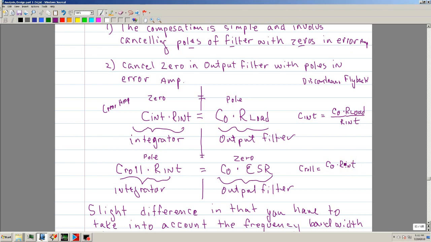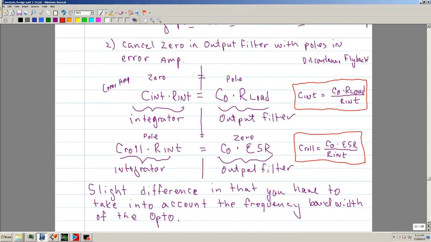RINT is the integrator resistor. I'm sorry, that should be ESR. These are the equations that we typically use to design the compensation of a normal flyback converter.